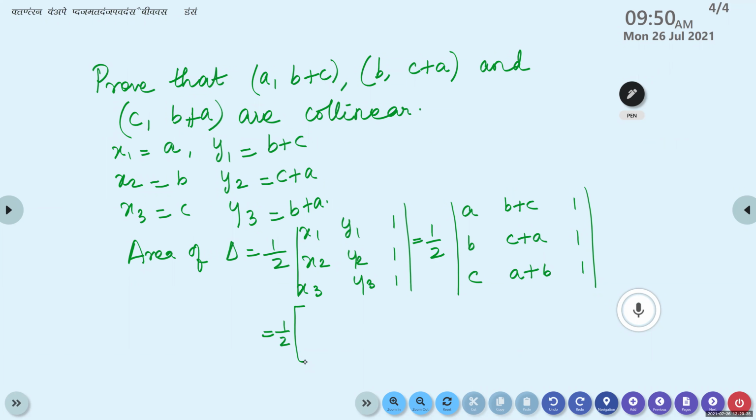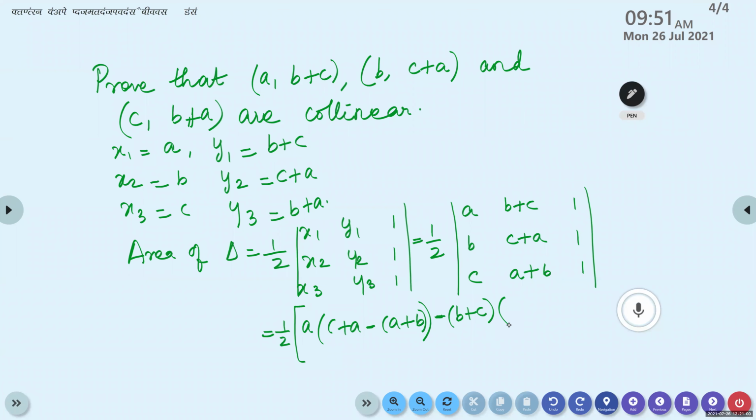A into c plus a minus a, see, minus means we have to put the bracket. Then plus b into b plus c minus b plus c. For the second term we have to put minus, positional values. So minus of b plus c into a plus b.